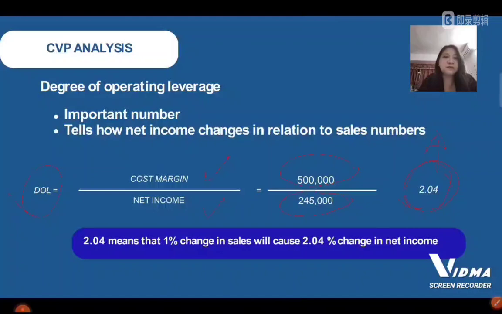But if there is a decrease in sales, that also means that a 1% decrease in sales means a 2% decrease in our net income. So I think the value 2 is a very good number, since even if our sales decrease, it's not going to affect our net income very much.